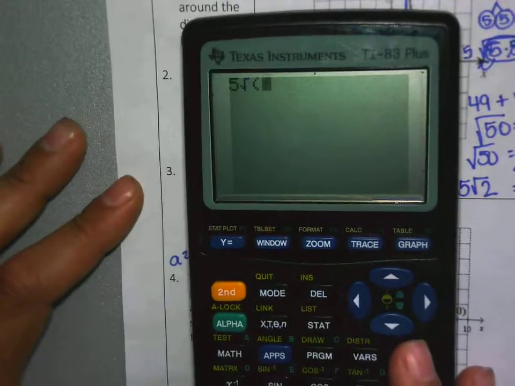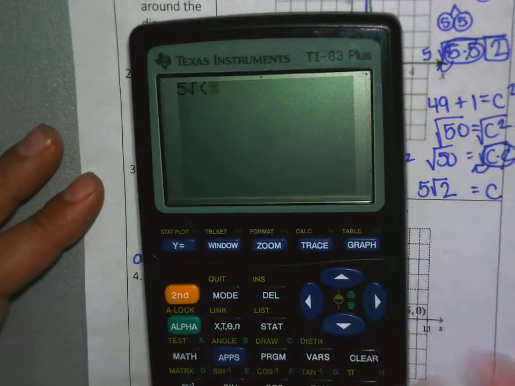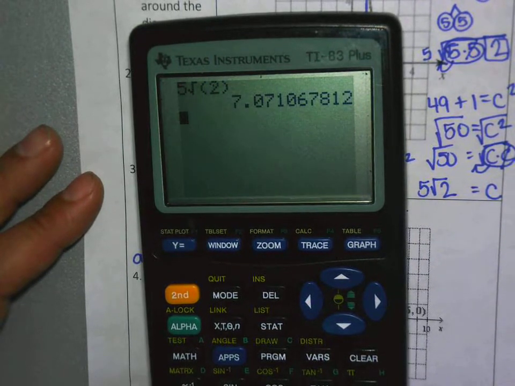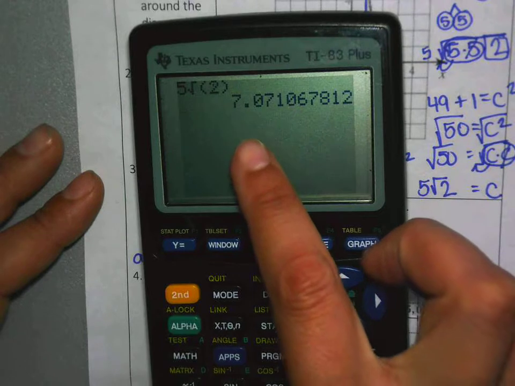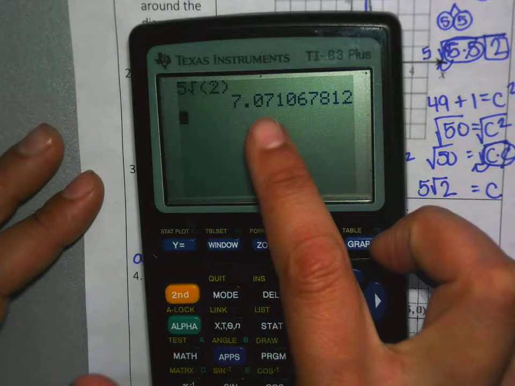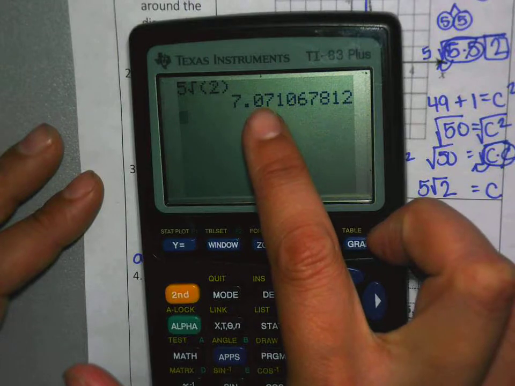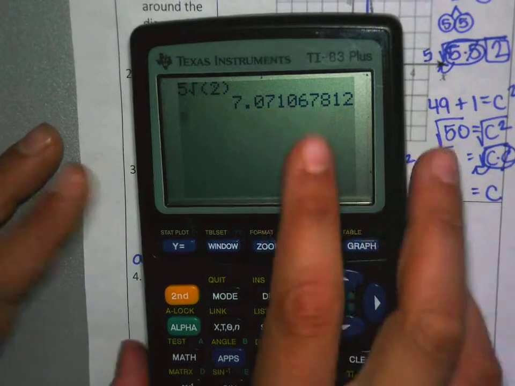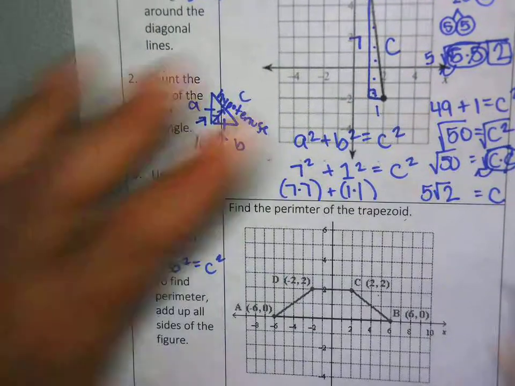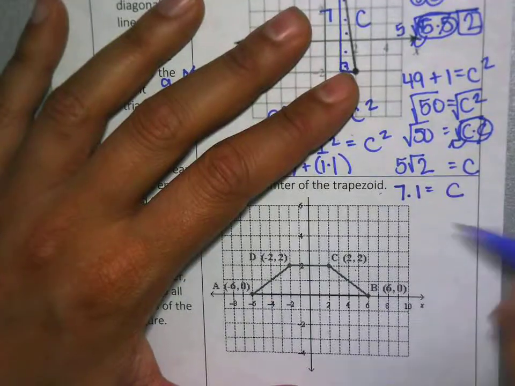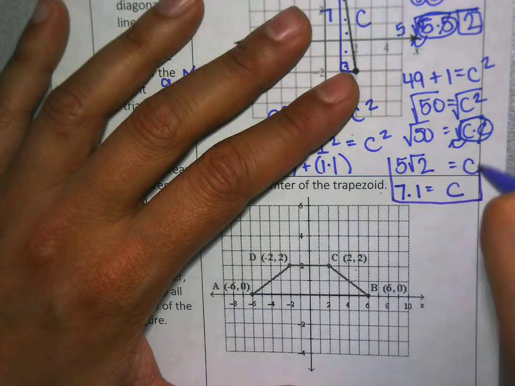So now we have our square root. Inside our square root is 2. I'll close the parenthesis. And therefore, as a decimal, 5 square root 2 is 7.1. I'm going to round to the nearest tenths place. So 7 rounds the 0 up to 1. So 7.1. So those two answers are equivalent.